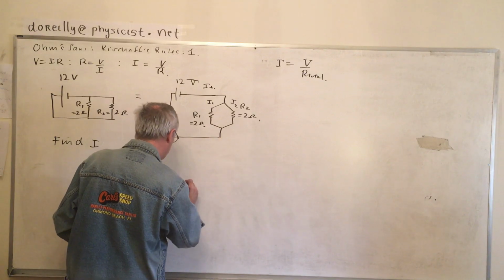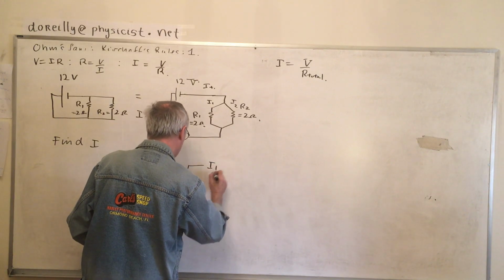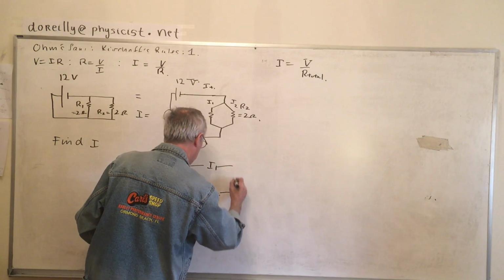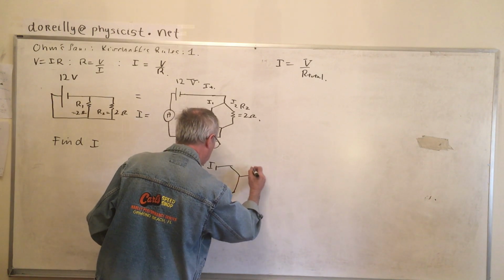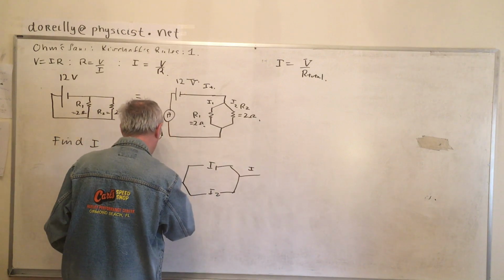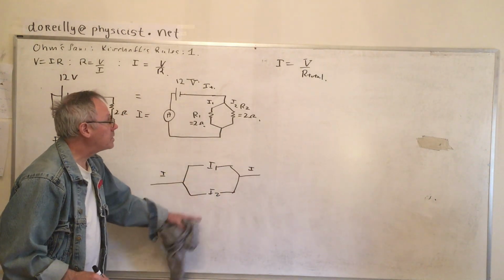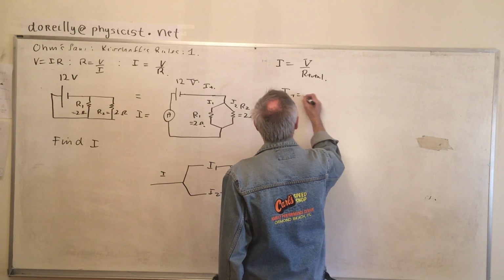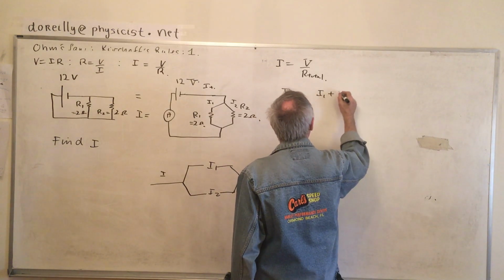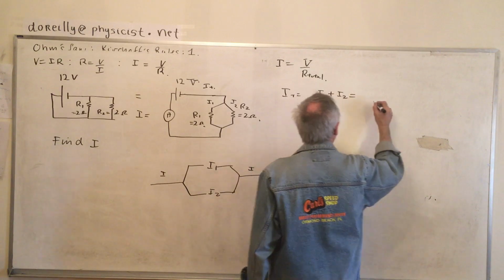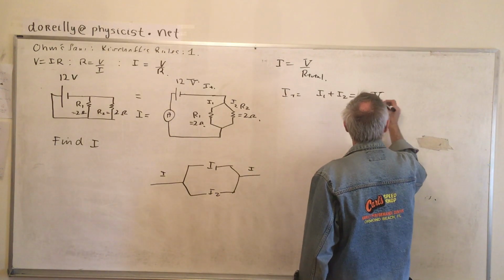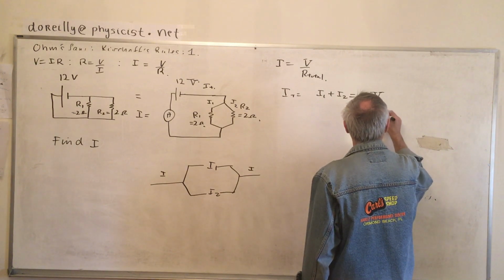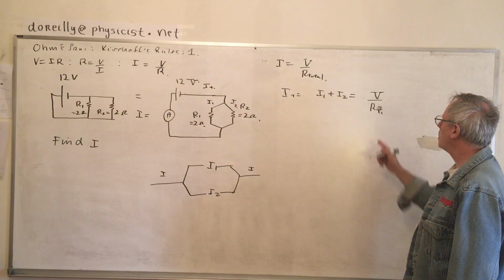So the current goes this way and it splits up 2 ways, but the total current is going to be V over R total.